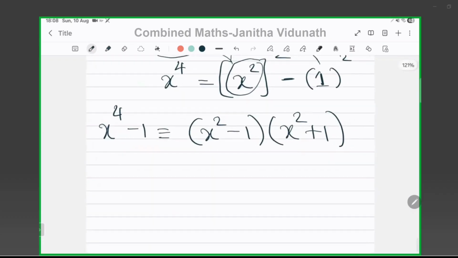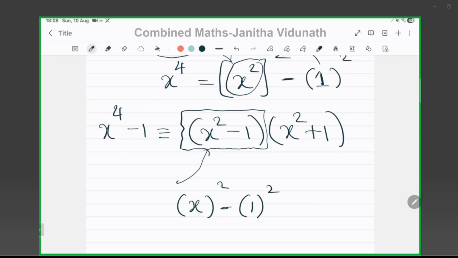But if we further consider this term, here we can again observe that this is the square of one term minus the square of another term. Then we can further factorize this bracket. Simply, we can see x square minus 1 means first term x, second term 1, x minus 1, first term plus the second term.